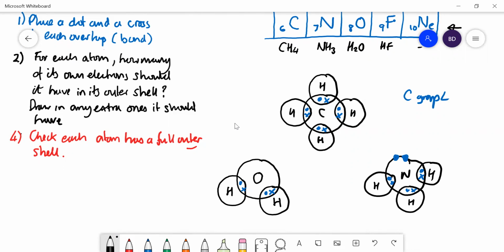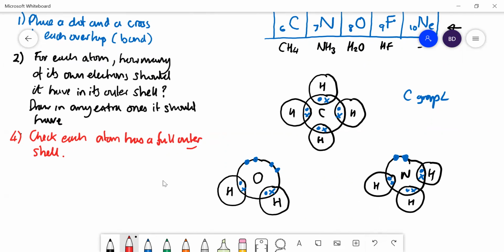I've only drawn 2 dots, so I've got to draw 4 more outside of the bonds. 1, 2, 3, 4. And finally, the red step, check each atom has a full outer shell. The oxygen thinks it's got 1, 2, 3, 4, 5, 6, 7, 8, so that's full. And each hydrogen thinks it's got 2, so that's the correct diagram there.